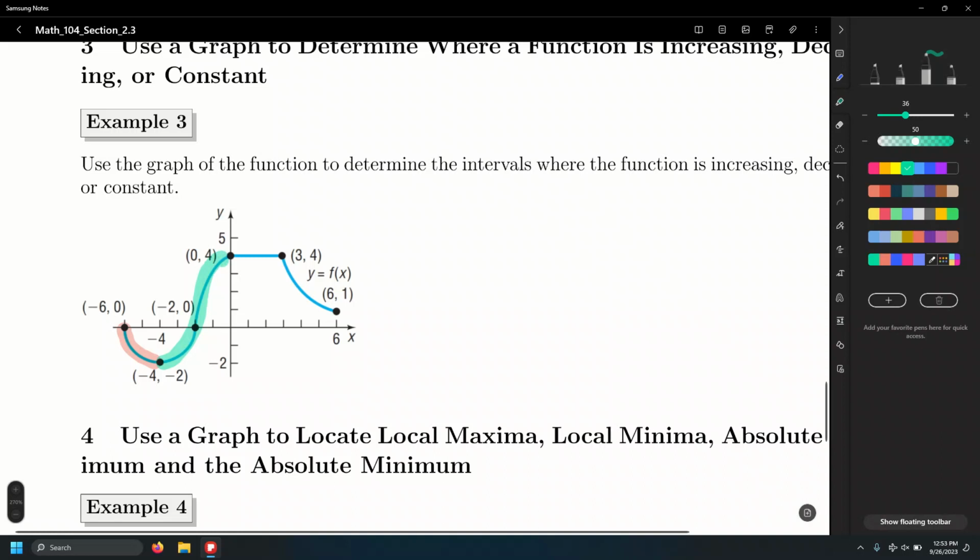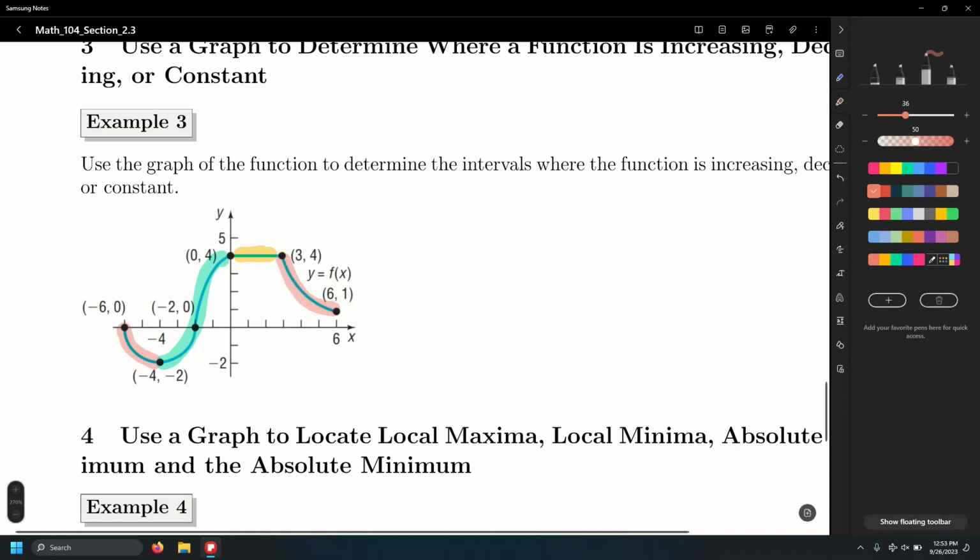Then notice how between x equals 0 and x equals 3, the graph remains constant. I'm going to use yellow for this, because it neither increases nor decreases. And then the graph goes down again, goes down the hill. That is, it decreases.